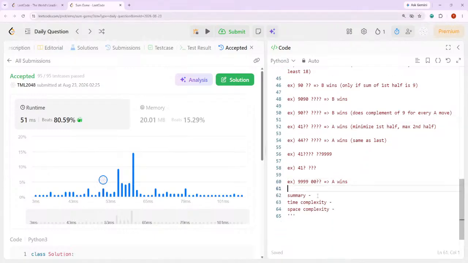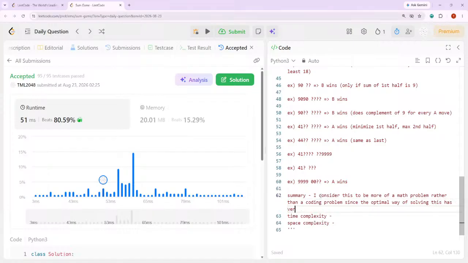Okay, so here's the summary. I consider this to be more of a math problem rather than a coding problem, since the optimal way of solving this has very little to do with kind of coding slash DSA.